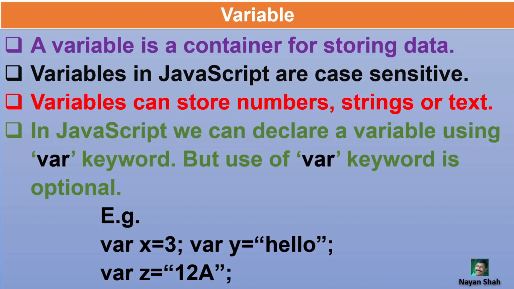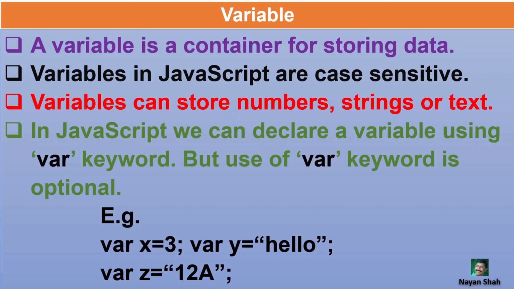If you see the examples down, the first variable x is equal to 3, it is storing a number. So when you want to store numbers, you write it without inverted commas. Second example, if you see variable y is equal to hello, that's a string. So when you want to store some string, you write it within double inverted commas.